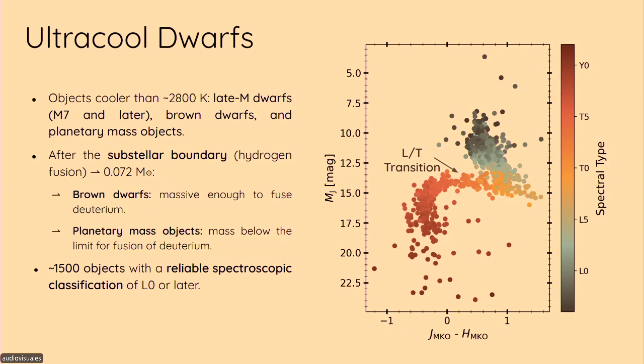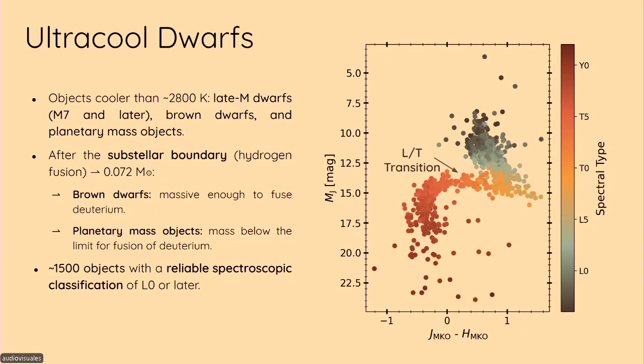Just to give you an idea of these objects, in the most up-to-date compilation of ultra-cool dwarfs with a reliable spectroscopic characterization, we can find around 1,500 objects with a spectral type of L0 or later.